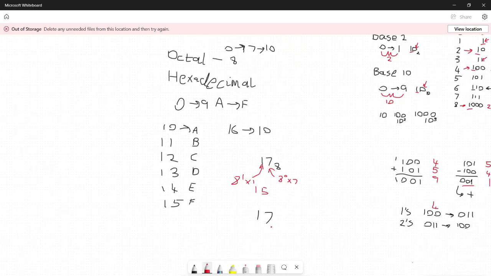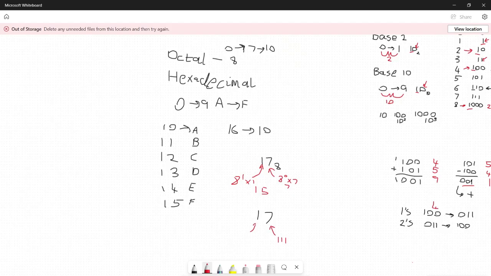So what is 7 in octal going to be? That's going to be 8 to the 0 times 7, which is basically going to give us 7. So 7 in binary is just 1, 1, 1.